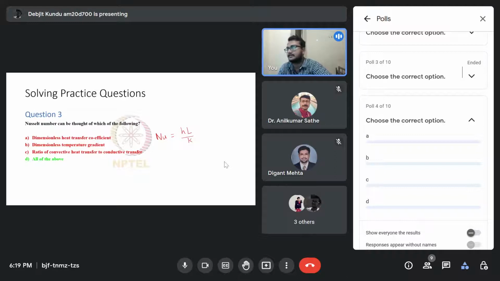So this is how Nusselt number is mathematically expressed, and as we can see, this H is a dimensional quantity, but once it is expressed this way, this Nusselt number becomes a non-dimensional number.